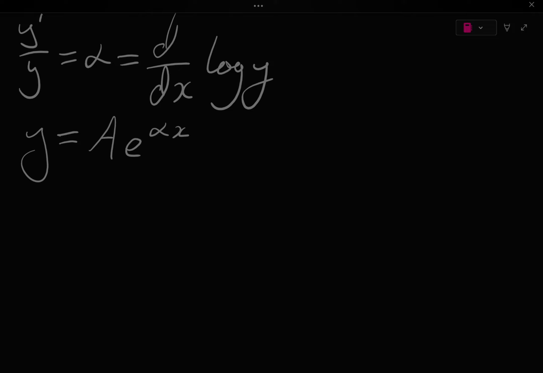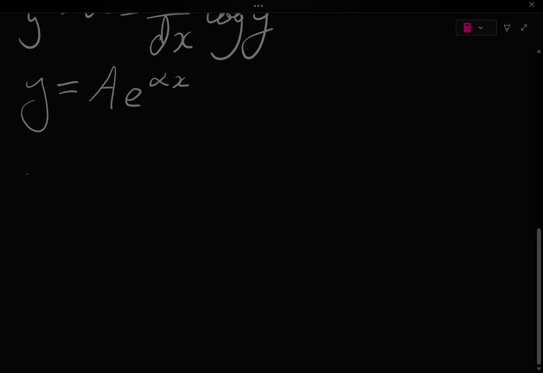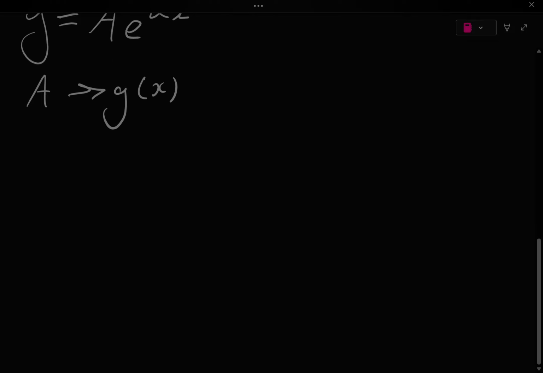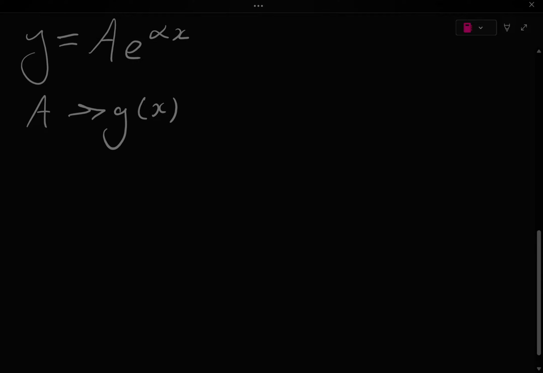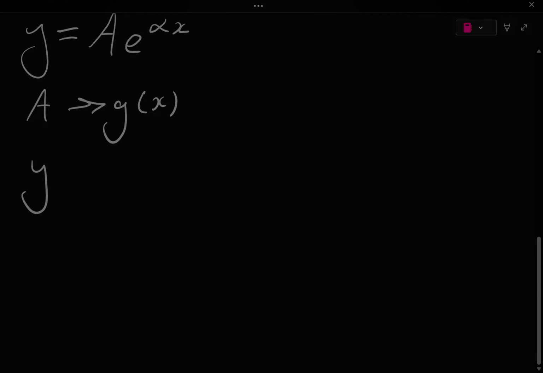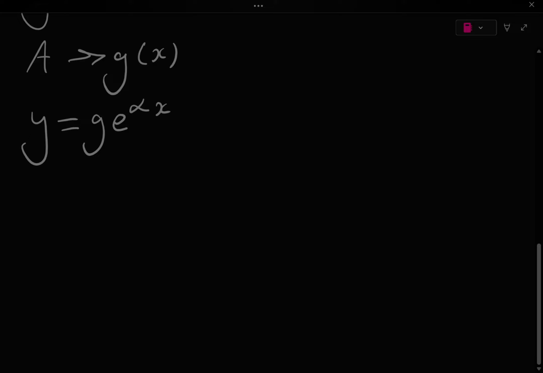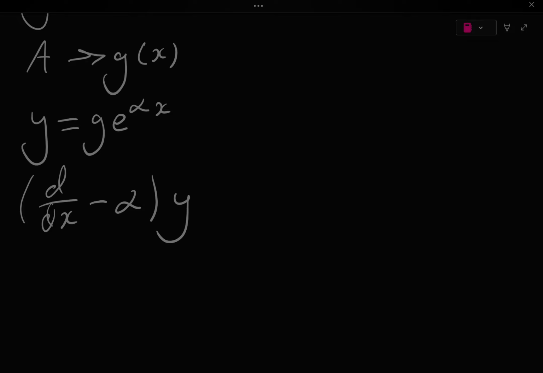Now, a reasonable ansatz would be to replace a with a function g of x. I will write g from here on. So y equals now g e to the alpha x, and we'd like to see what happens when we apply d over dx minus alpha to y.